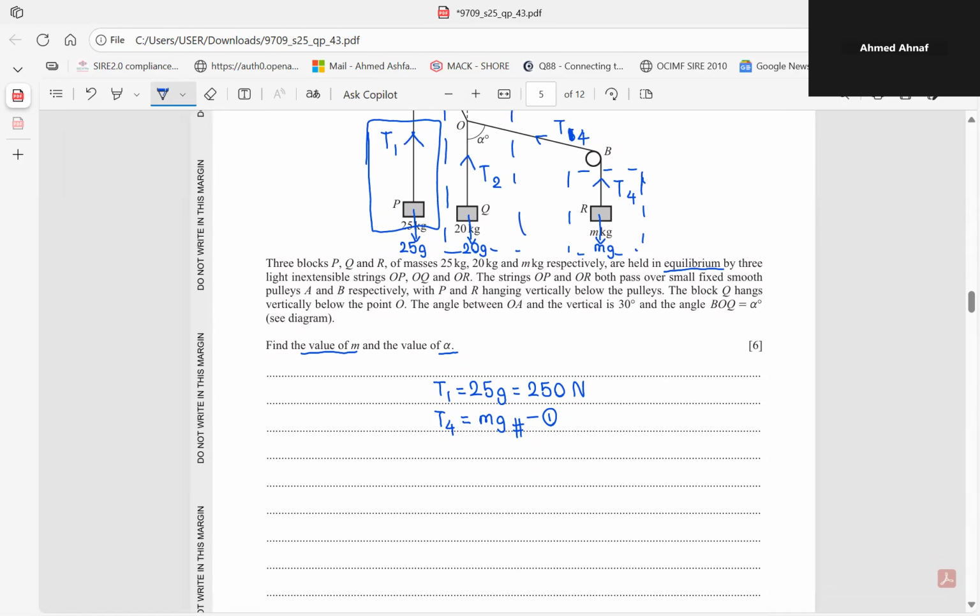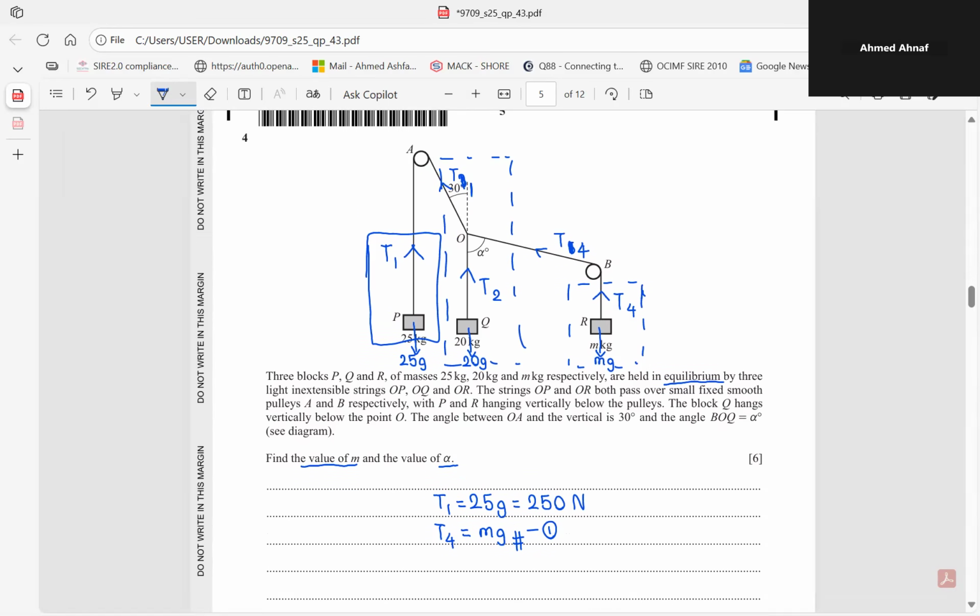For Q, there's going to be both vertical and horizontal forces acting. Let's consider the horizontal forces first. So that's going to be T1 sine 30 degrees.